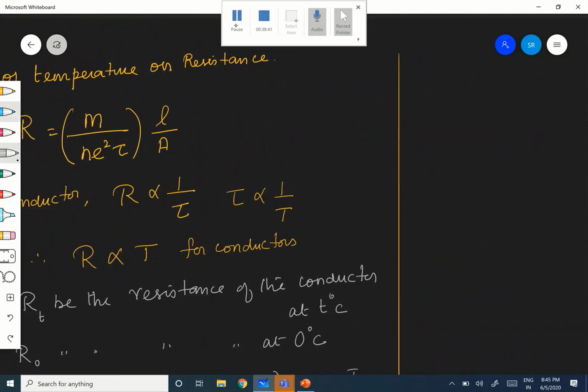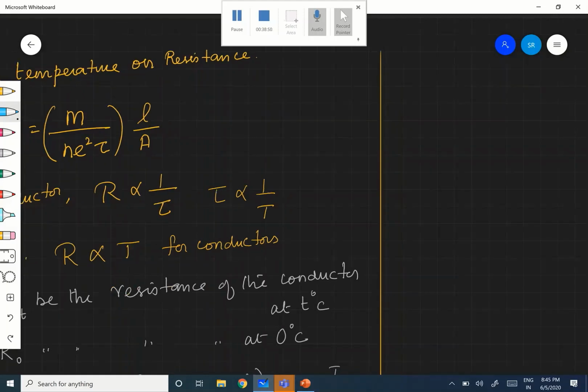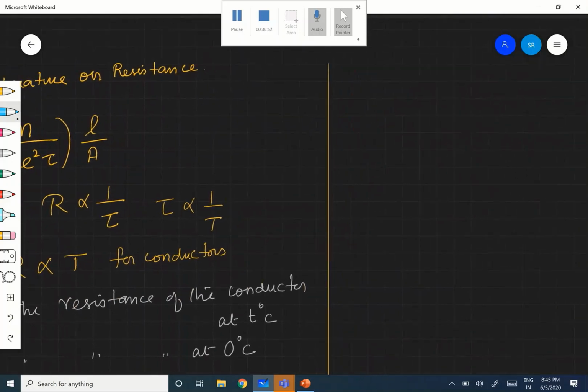See here, for semiconductors and insulators, what is the value of alpha? I'll give the explanation afterwards.